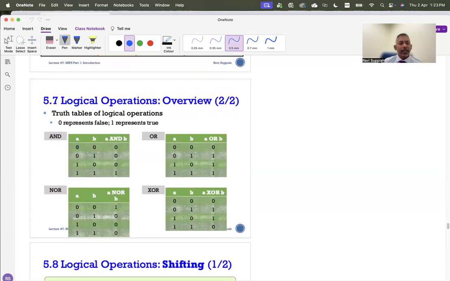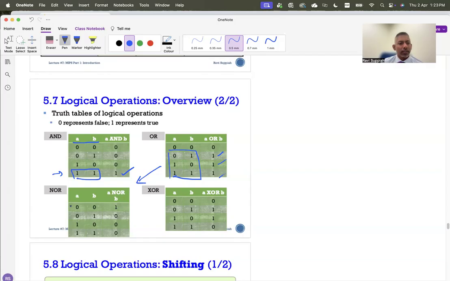AND gate, basically A and B are the inputs, and for an AND gate, only when all inputs are 1, the output is a 1. OR gate, as long as any input is a 1, the output is a 1. NOR gate is basically the opposite of OR.